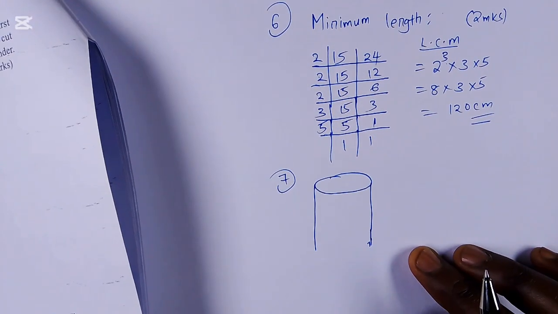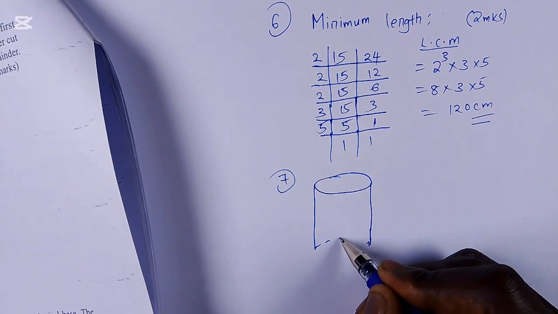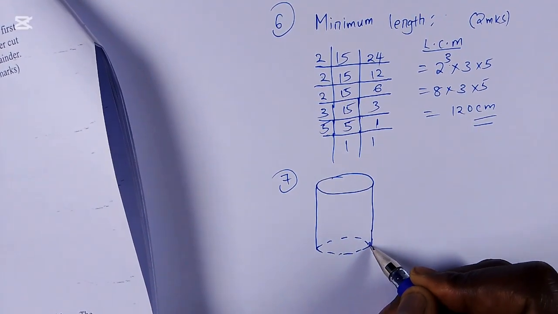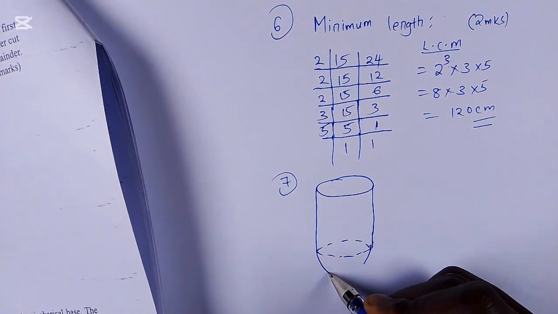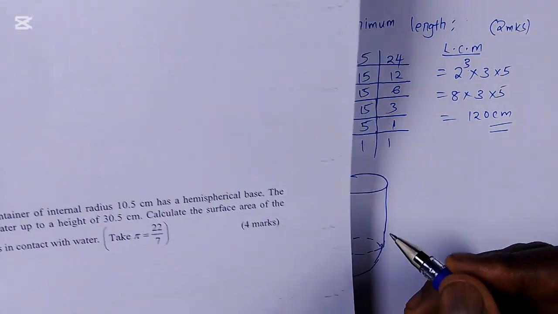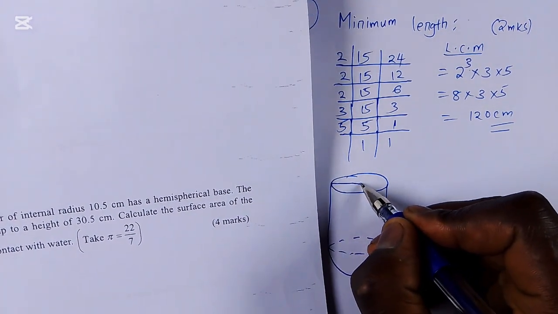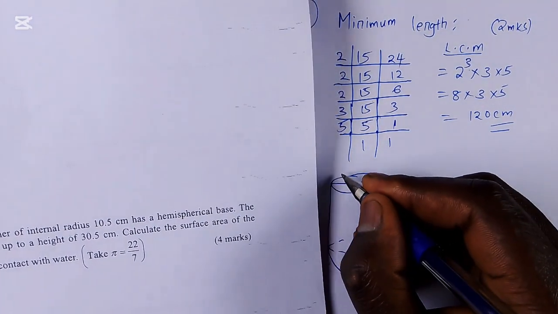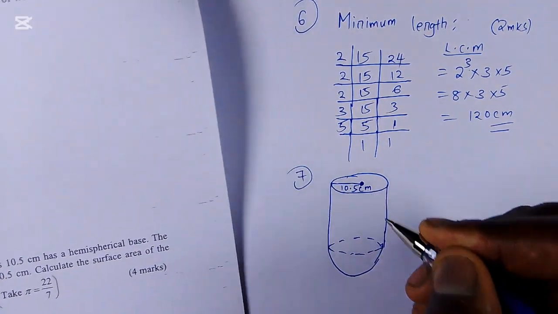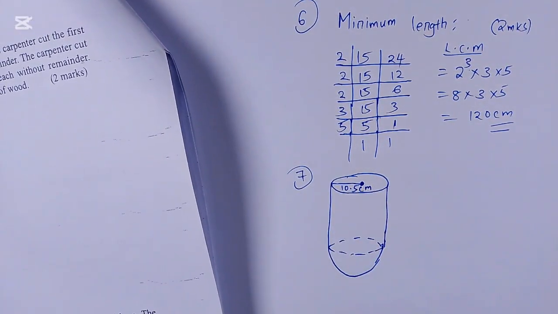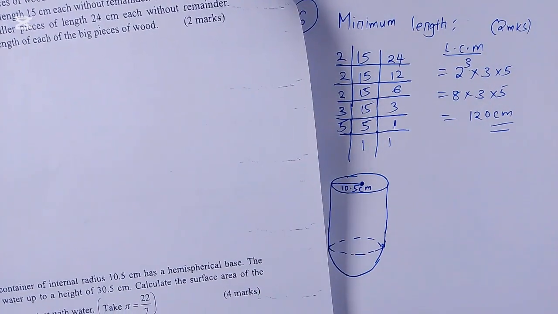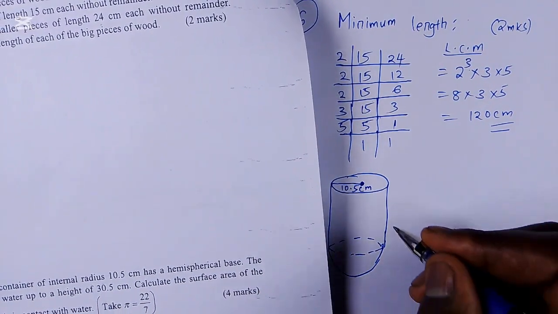So this is the cylindrical part, and then we have a hemispherical base, and we are being told it has an internal radius of 10.5 centimeters, and it has water up to a height of 30.5 centimeters.